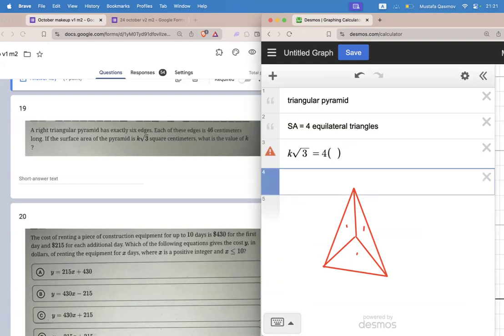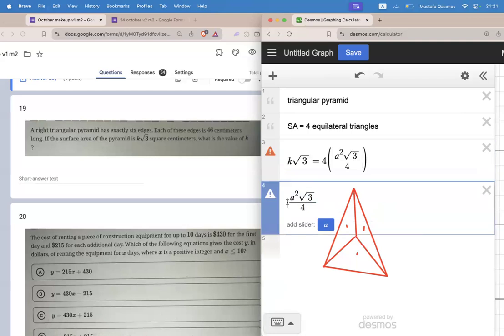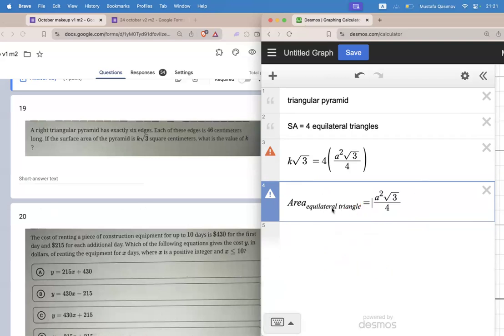Area of one equilateral triangle is a squared square root of 3 over 4. I hope you know this formula. So let's write it here.